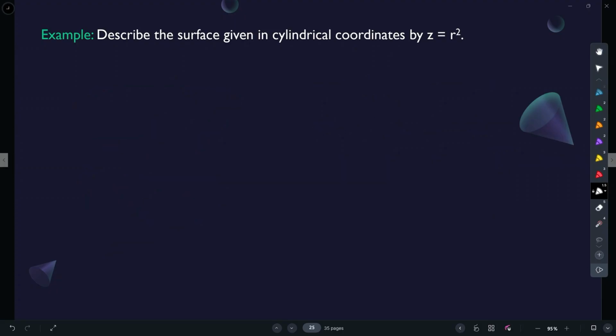If instead I had z equals r squared, then I'm going to have what shape now? This is going to be z equals r squared, which is x squared plus y squared. So now what I get is a paraboloid.